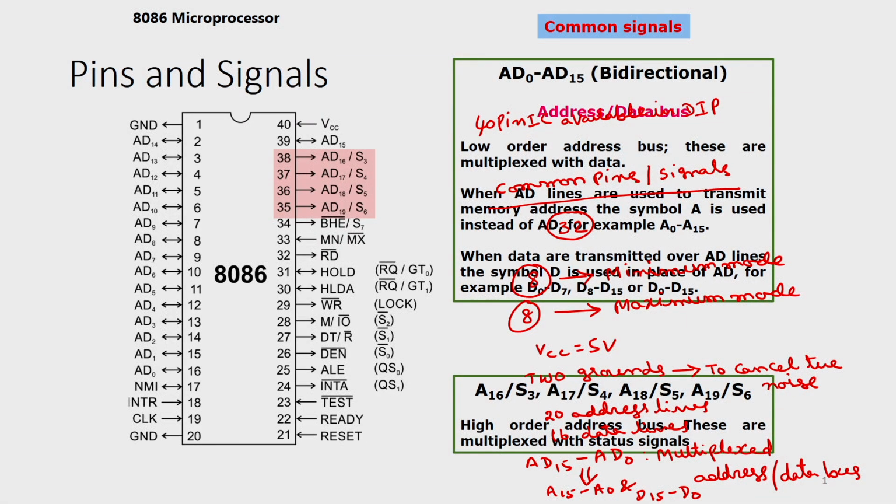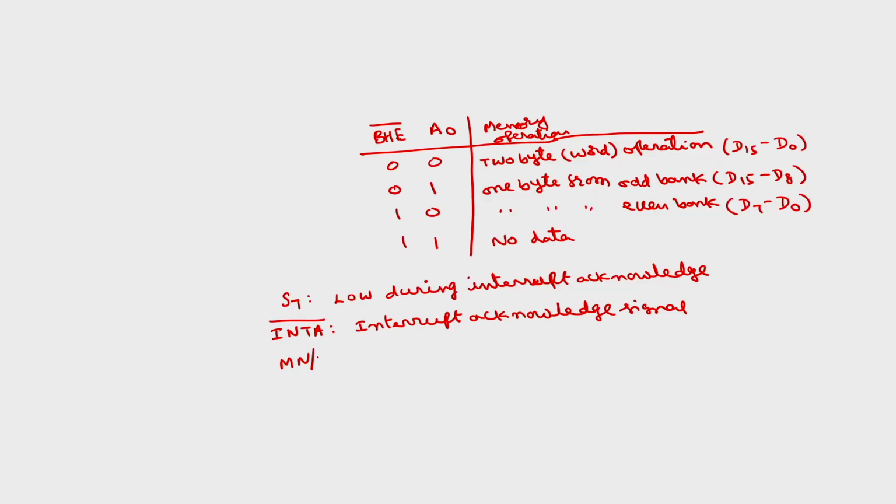So what are the pins that are left? Here we have discussed S3 to S6, BHE bar, and S7. Then there is one pin called MN by MX bar. As I have told, there are two modes, minimum mode and maximum mode. MN stands for minimum, MX stands for maximum.